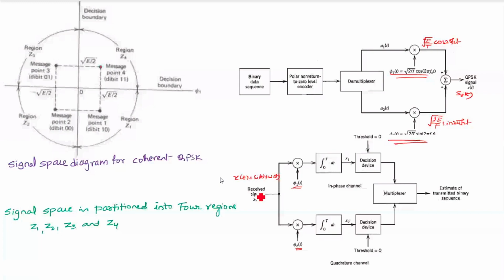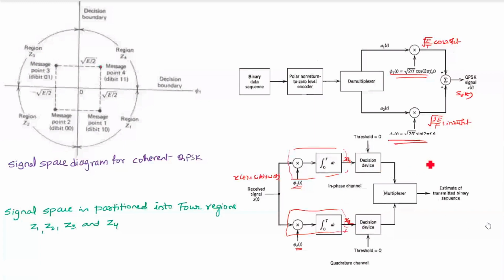The incoming signal x of t is now passed through this bank of correlators. So far you have seen only one correlator. In the case of frequency shift keying you have seen two correlators, but now you have a bank of two correlators. The x of t is multiplied by phi 1 of t and passed through an integrator, and the resulting sample value is x1, and here the resulting sample value is x2.